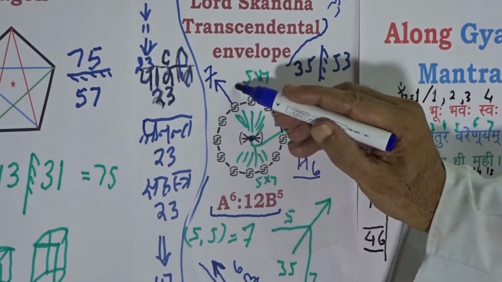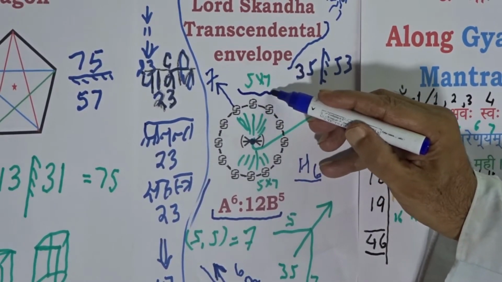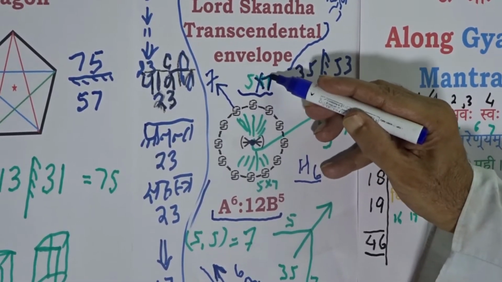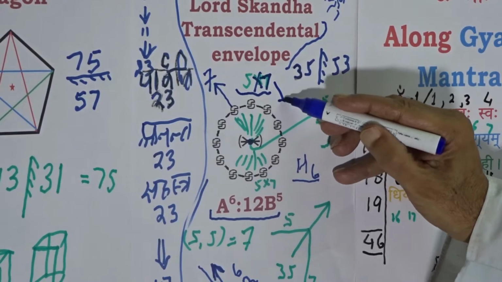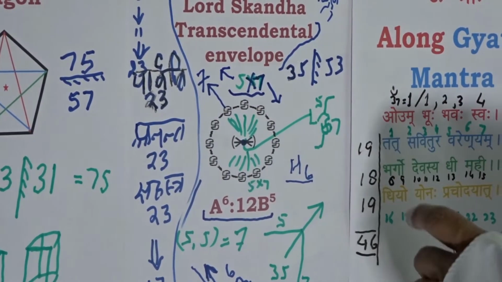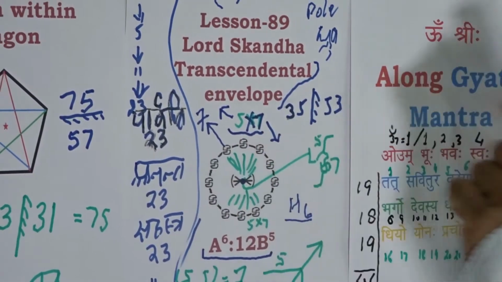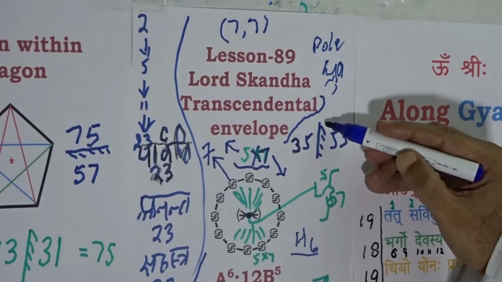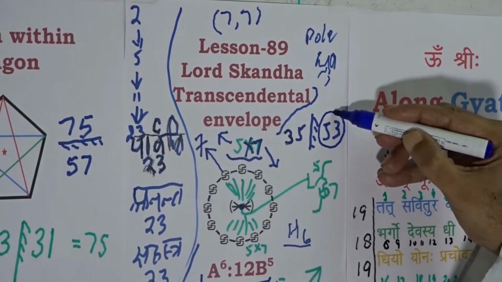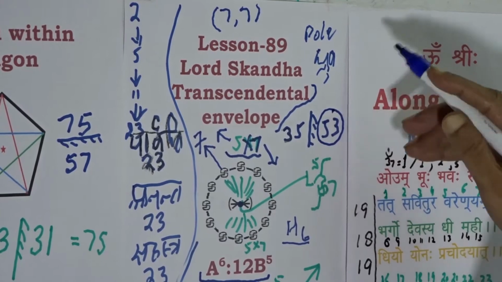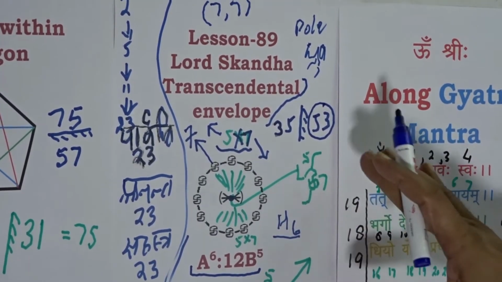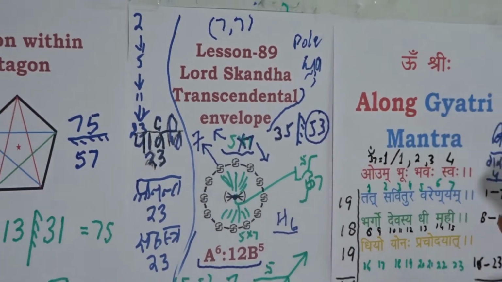The dimensional frame of 7 space is of value 5 into 7, as there are 7 dimensions of transcendental order. So the value is 35, and value 35 constitutes a reflection pair with value 53. This value 53, we will be coming to it.